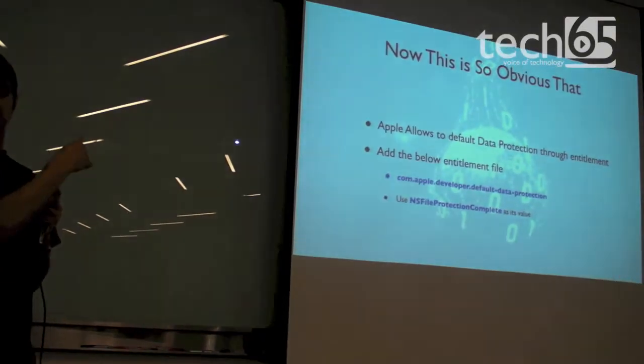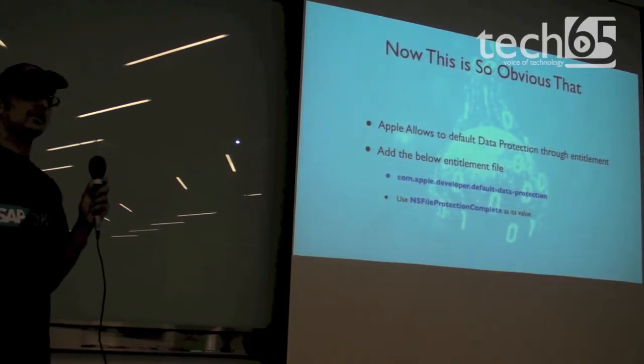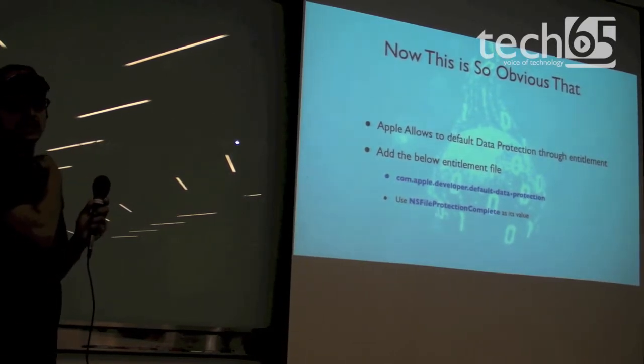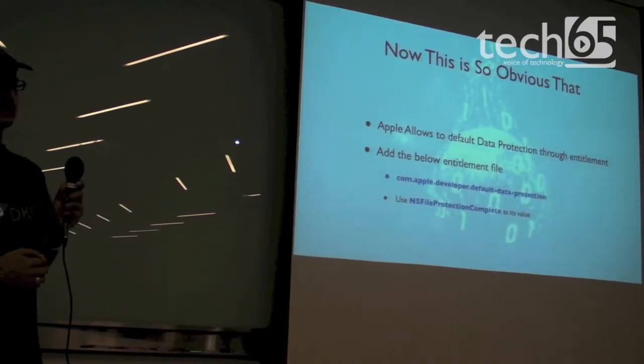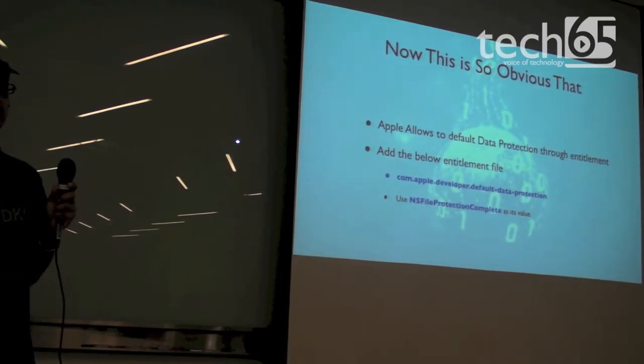Now this thing is so obvious that rather than using it in each and every place, you can create an entitlement file for that. You can just add this to your application and it will automatically apply NSFileProtectionComplete.